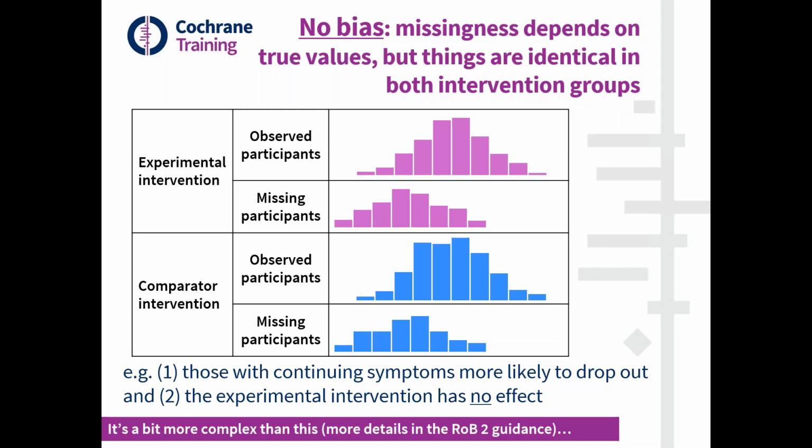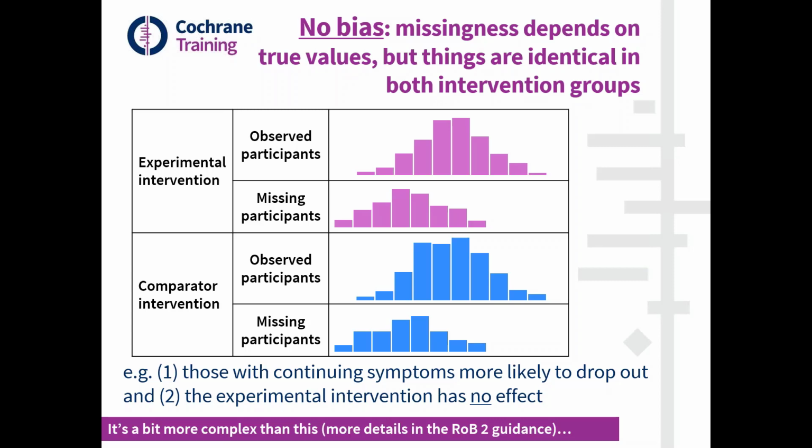The same pattern is happening of those with continuing symptoms being more likely to drop out, because the intervention has no effect. So I hope you can see that those two pictures are identical. It doesn't matter whether we observe or do not observe the missing people, we will still estimate the difference in those two means to be zero, because the intervention has no effect. We've got the same proportion and the same types of people missing from the two groups.